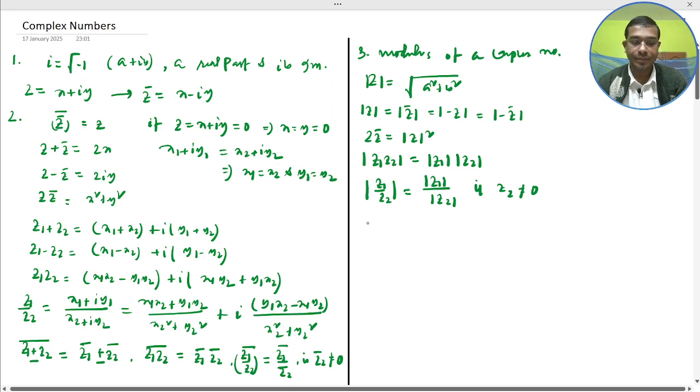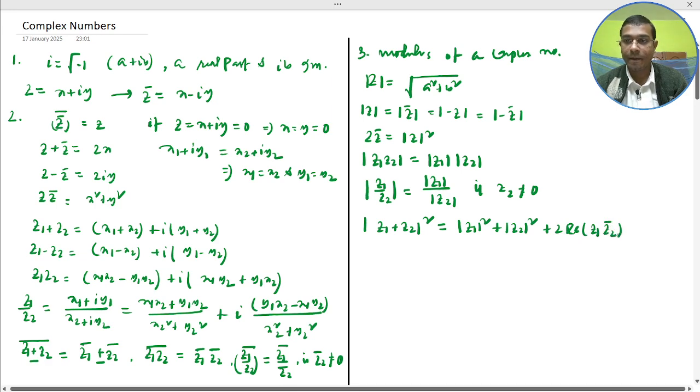Next, mod z1 + z2 whole square is equal to mod z1 square + mod z2 square + 2 real part of z1 z2 bar, and for the minus case, like a square + b square - 2ab, here would be the minus sign.